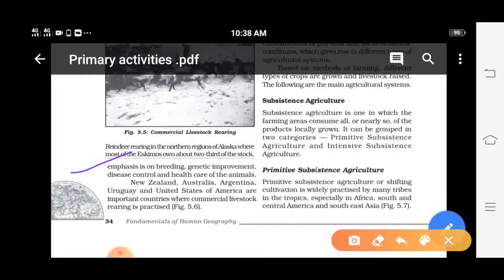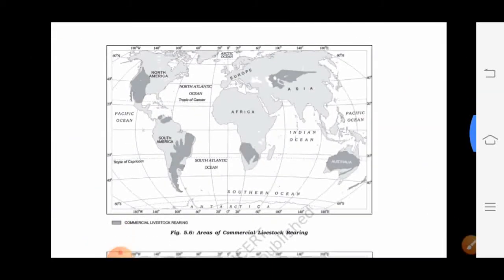Now, where is commercial livestock rearing practiced? It is practiced in developed countries, especially New Zealand, Australia, Argentina, Uruguay, United States of America, which are very famous for commercial livestock rearing. Let us have a look at this map.